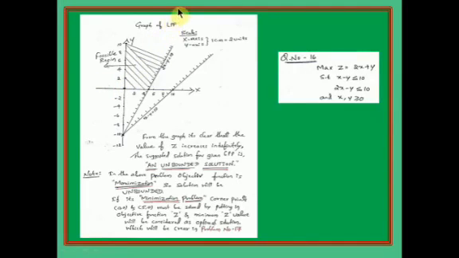Do you agree? Z is increasing indefinitely. That's why it is an unbounded solution, because we are not able to obtain a maximized Z value in this unbounded feasible region. That's why the solution will be written simply as unbounded.